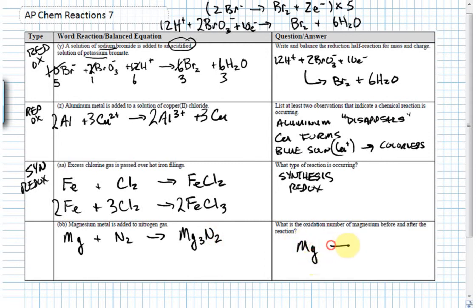Magnesium goes to magnesium plus 2 electrons. Oxidation number is 0 here, and it's 2 there. Okay? All right. Another redox reaction. You could also call this a synthesis reaction. Okay. 4 more done. Gosh, this is fun.